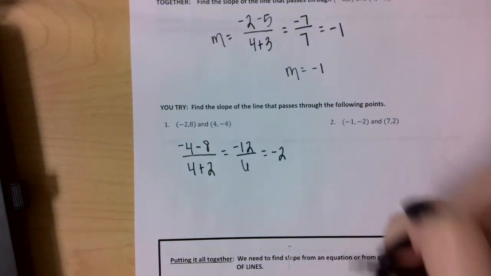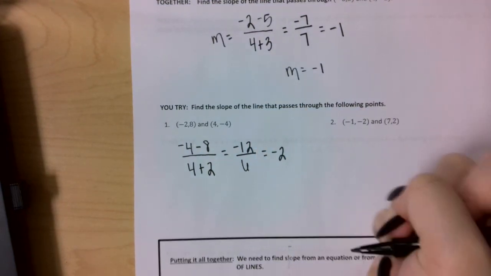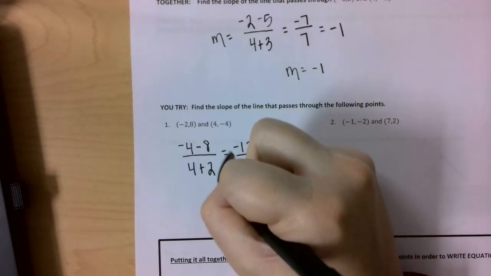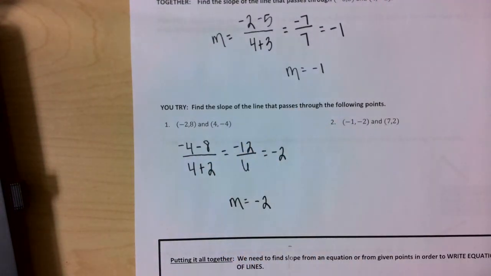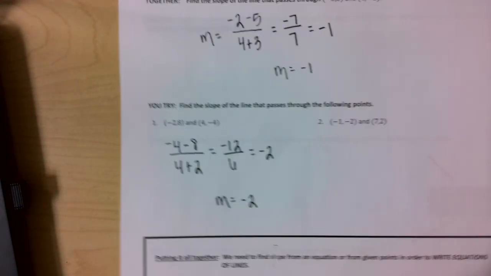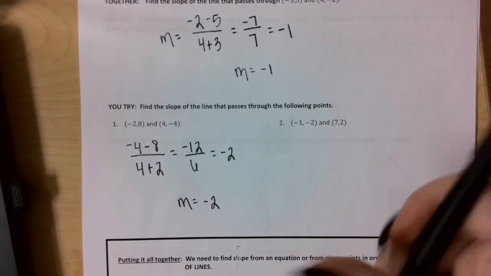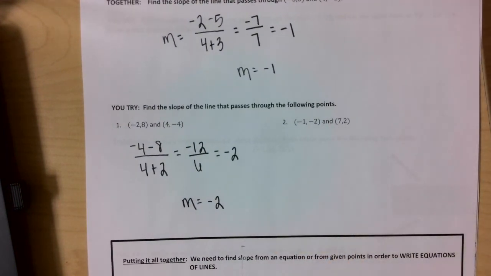Slope we want to always leave as a fraction. We do not want to write slope as a decimal if it's not nicely divisible. Okay, I'm going to have you guys pause, do number 2, and then come back on and check. Okay, checking your work, you should have gotten 1/2. Again, I'm going to leave my answers as reduced fractions for my slope.